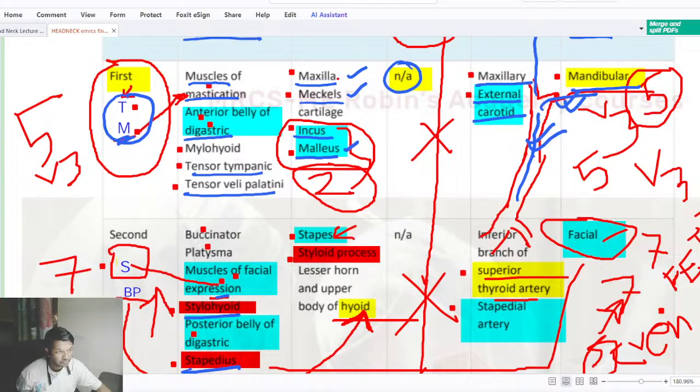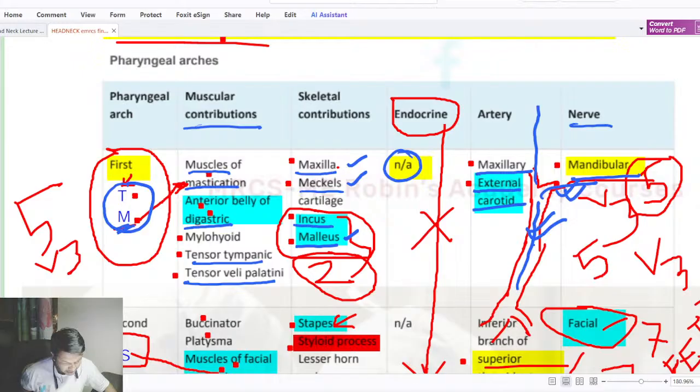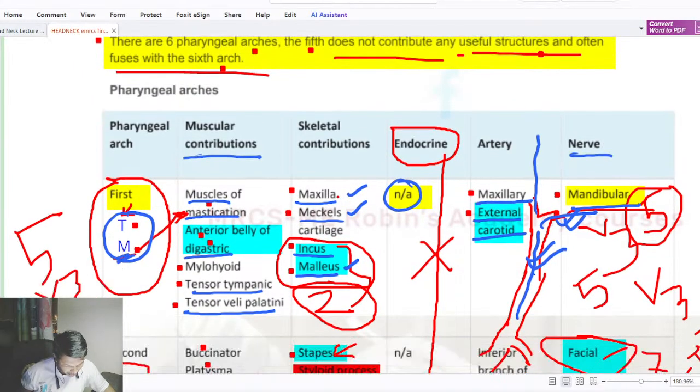Making sense, these arches. So first we got the mandibular nerve, V3, M for mandibular. From the first arch we got the mandibular nerve and arteries: external carotid artery and maxillary artery.